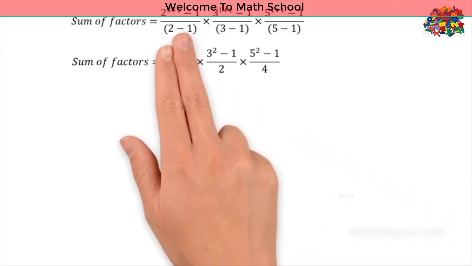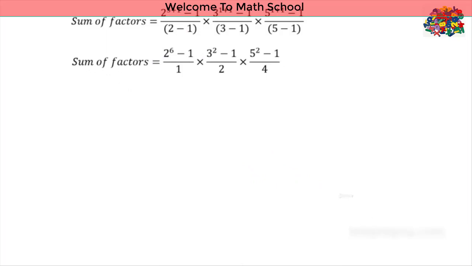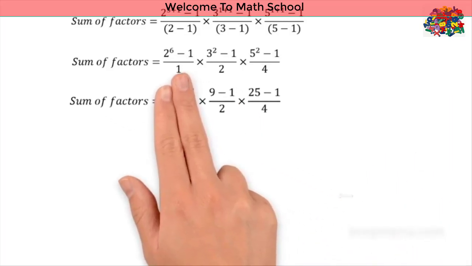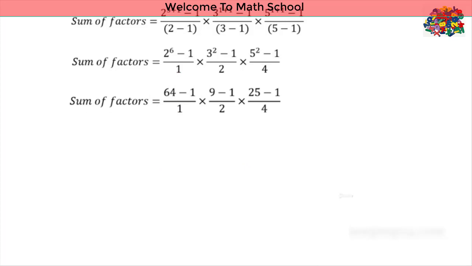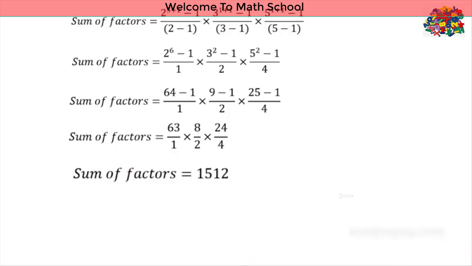Which is equal to (2 to the power of 6 minus 1) divided by 1, multiplied with (3 to the power of 2 minus 1) divided by 2, multiplied with (5 to the power of 2 minus 1) divided by 4, which is equal to (64 minus 1) divided by 1 into (9 minus 1) divided by 2 into (25 minus 1) divided by 4, and that is equal to 63 divided by 1 into 8 divided by 2 into 24 divided by 4. If you do all the cancellation, the final value you will get is 1512. So this is the way you can find the sum and total number of factors.